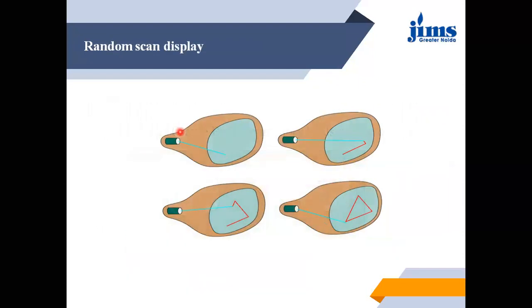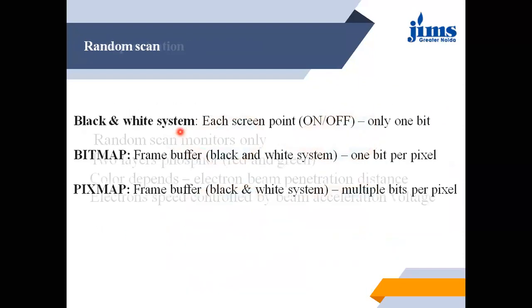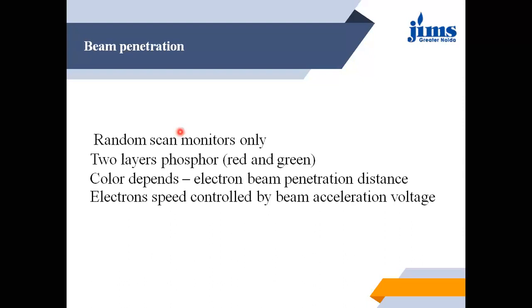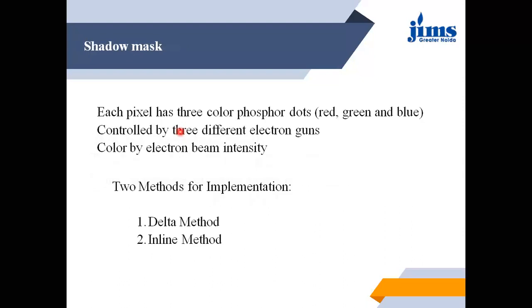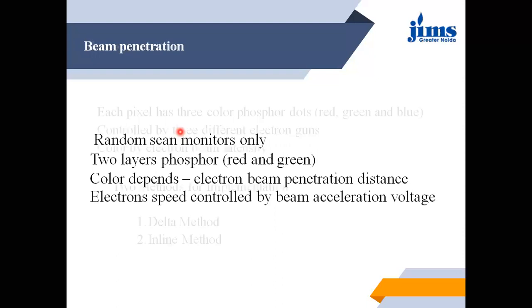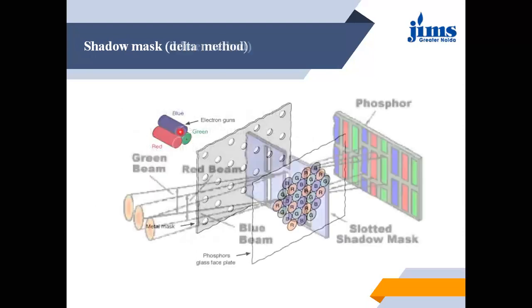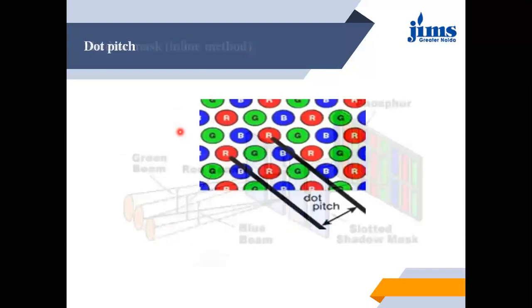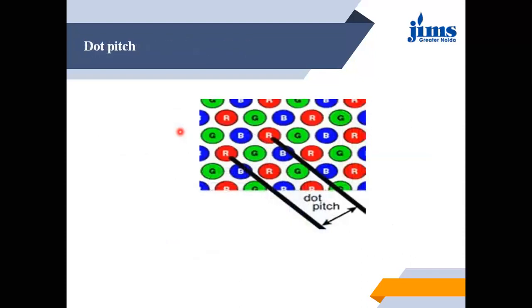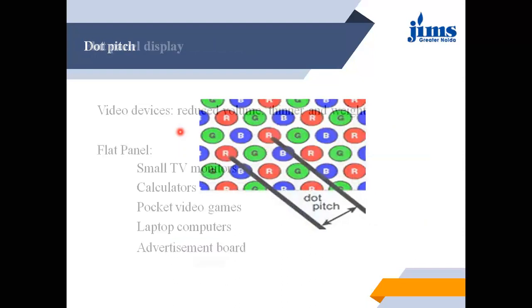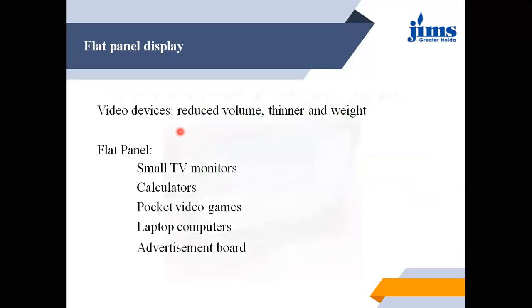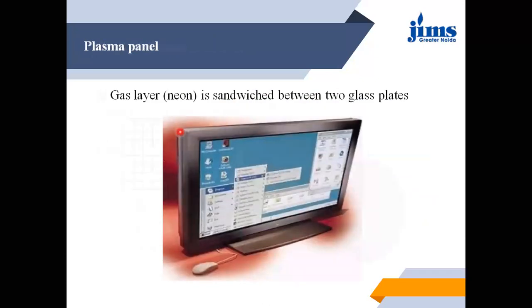We discussed the random scan display. Then we discussed the beam penetration method, in which there are two methods to implement it. First one is delta, second one is inline. After this, we discussed the dot pitch, that is the distance between two nearby color pixels.